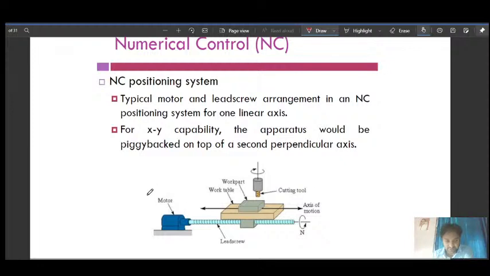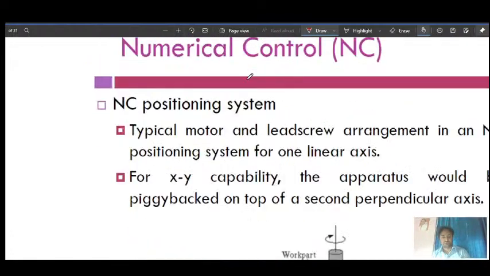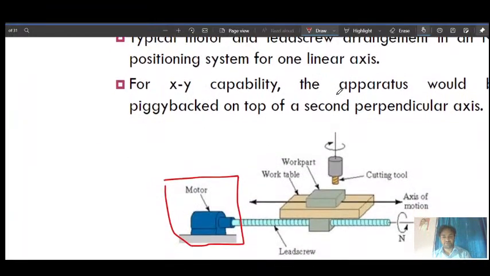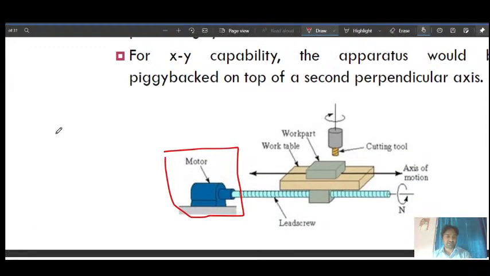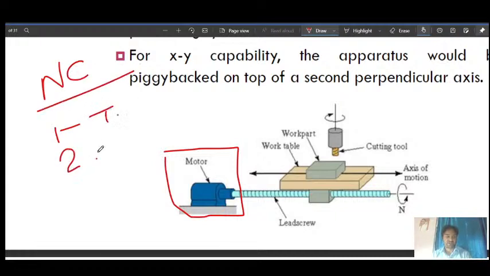First, in that, this is the motor in NC component. Although we know that NC system contains first tape reader, second one MCU, and third one was machine tool.